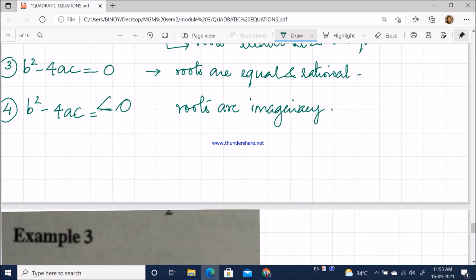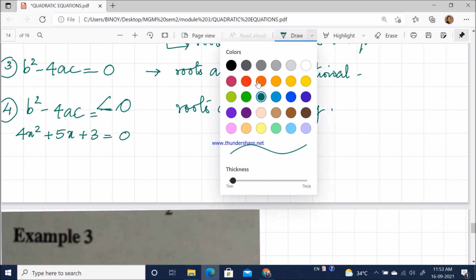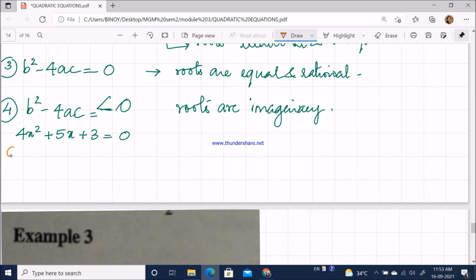So let's consider an equation, 4x square plus 5x plus 3 equals 0. The general form of a quadratic equation is ax square plus bx plus c equal to 0, where a is equal to 4, b is equal to 5 and c is equal to 3.